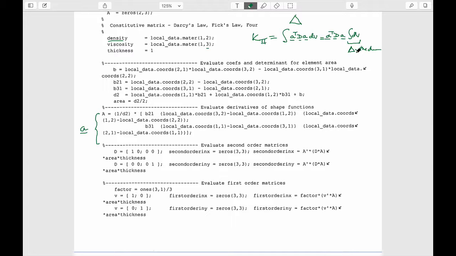And that's exactly what this matrix is. This is the determinant, doesn't matter. So this matrix, by definition, the A matrix is going to contain terms that look like this.